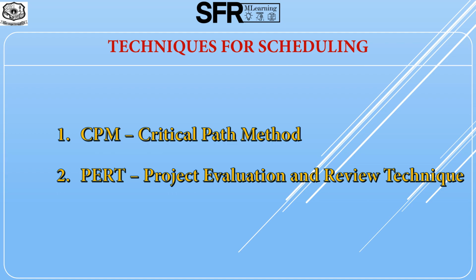But PERT is the probabilistic process because by using this technique we can analyze the probability and possibilities of completing the project on the scheduled time by making use of normal distribution. Now let us learn how to apply the above techniques by illustrating an example.